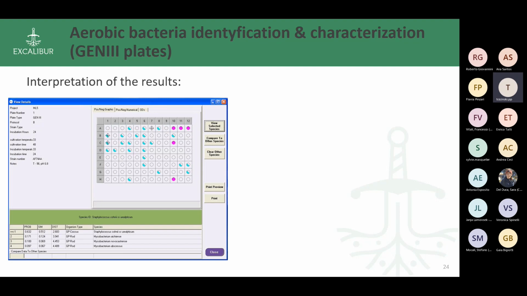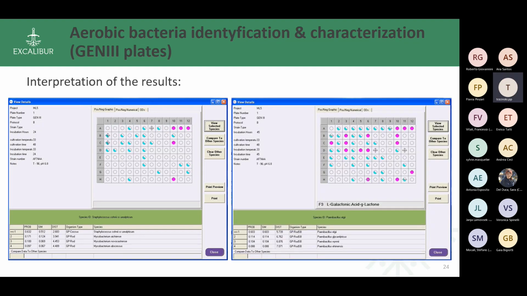Okay, the next thing. Sometimes we have two different identifications. This is the same isolate, the same turbidity, the same medium, the same plate. After 48 hours we obtain this kind of identification, and after 45 hours we obtain this kind of identification.